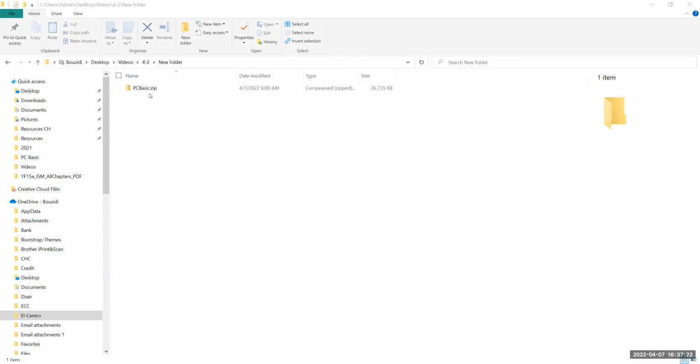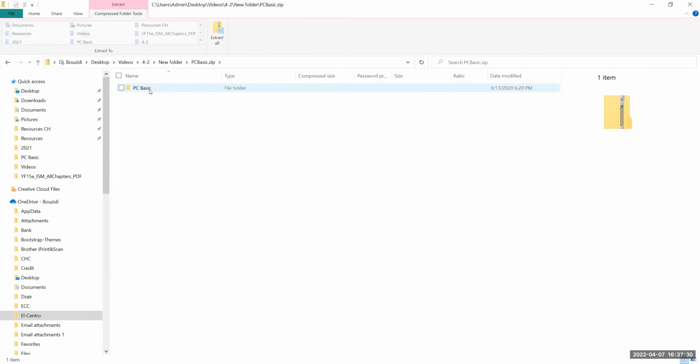So when you download a zip file, it's just a file, but it really has a lot of content inside. If I click on this file now, Microsoft opens it. Depending on your computer, it might not open it, but for this one, you really have to have a Microsoft machine, a Windows machine. So I'm going to extract all, and it's asking where I want to extract it.